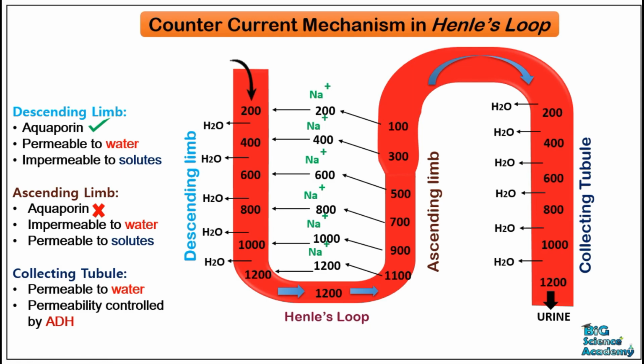So water goes out from the collecting tubule, making the filtrate hypertonic again, and ultimately it produces urine which is hypertonic in nature.